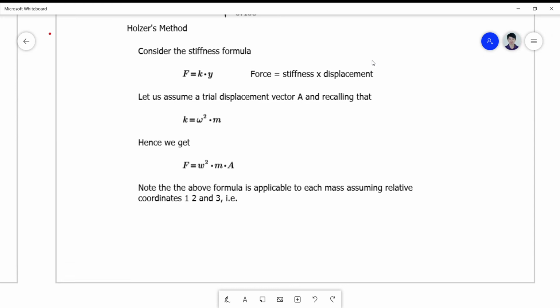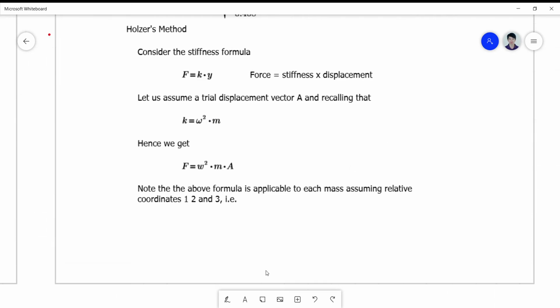So if we consider the stiffness formula, force is equal to the stiffness times displacement, and assuming a trial displacement vector A, recalling that your K from your frequency equation, omega, is simply the square root of K over M.